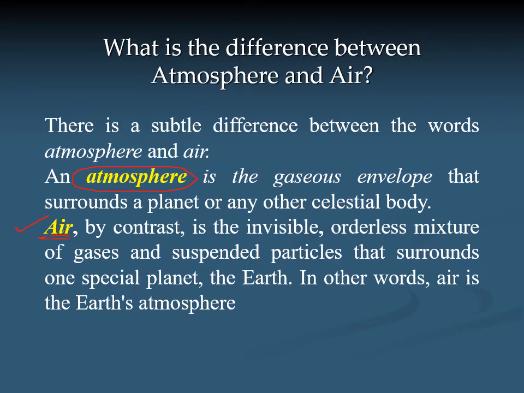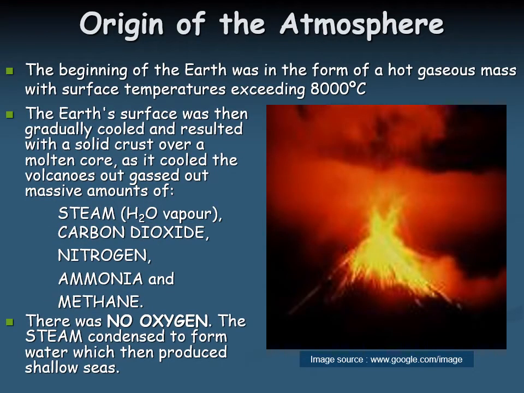Now, if we try to find the origin of the atmosphere, we already know that Earth appeared about 4.6 or 4.7 billion years ago, and at the beginning of the Earth, there were many hot gases.